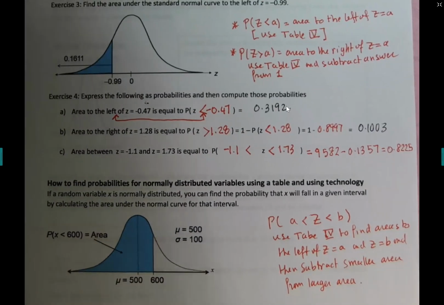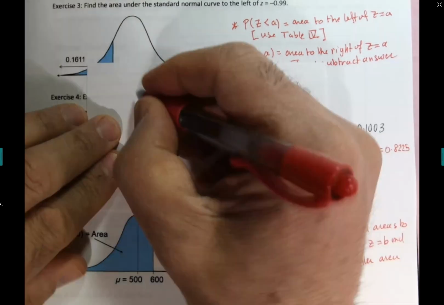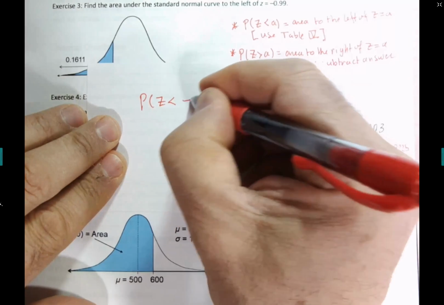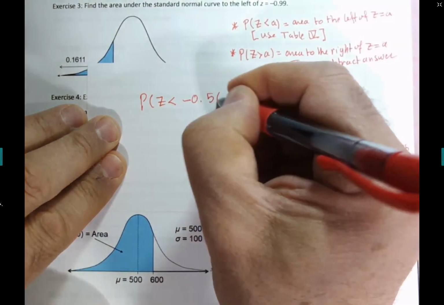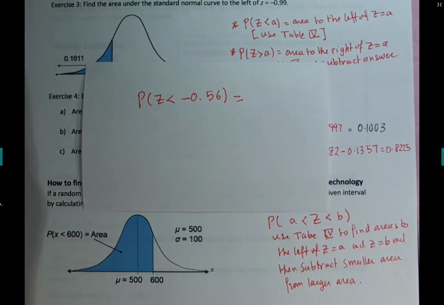Your turn, guys. I'm gonna just project one question and I project the table and have you do this. So let's do this practice here. And here is the table. So we need a probability of Z less than negative 0.56.